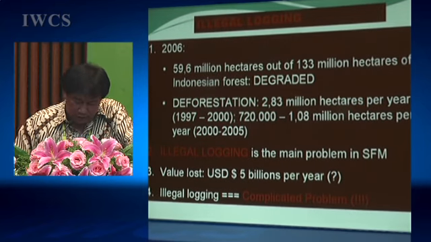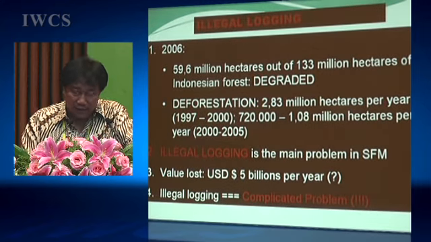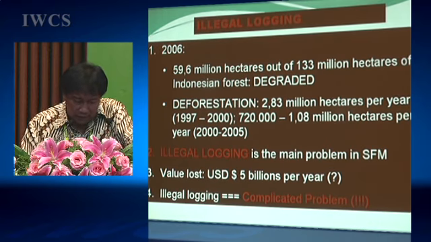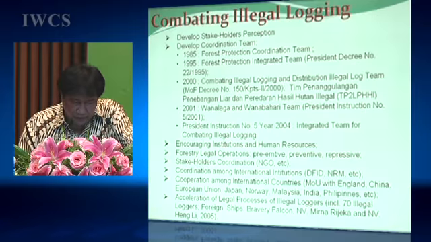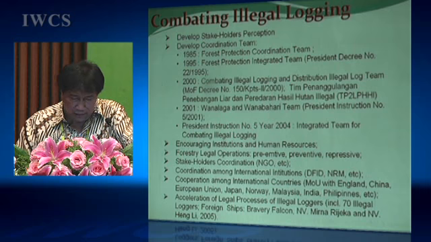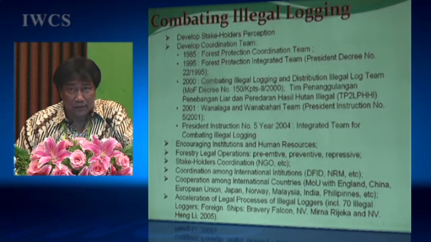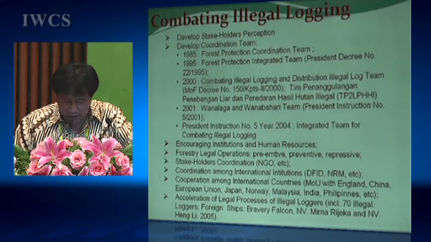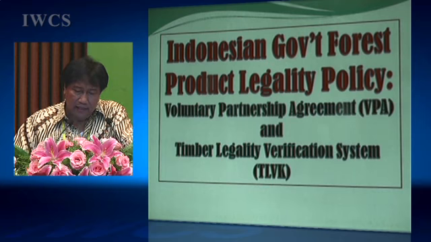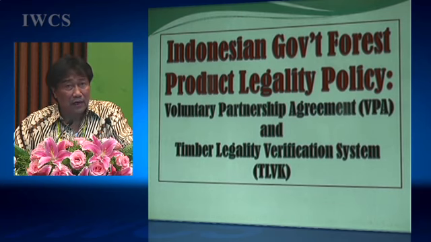Illegal logging, this is just a story about illegal logging in Indonesia, starting from 2006 and so on till now. And then how to combat illegal logging. Also, this is a story that I don't need to say in detail.